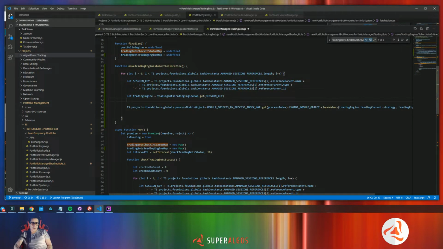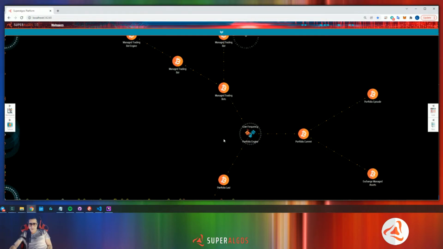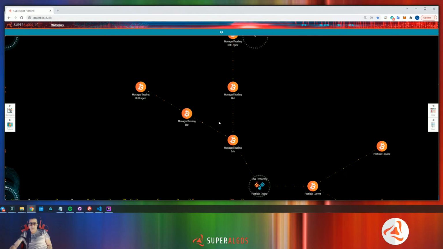So let manage trading bot engine be equal to, and now I will need a reference to the trading engine, to the portfolio engine, so that I can get that node into the array, or using the array of these nodes.